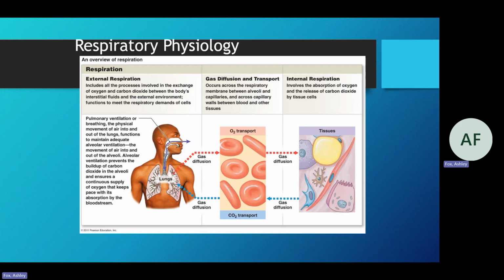So this is looking at both. So we have external respiration. Again, pulmonary ventilation occurs, gets air into the lungs, and that's when external respiration can occur.